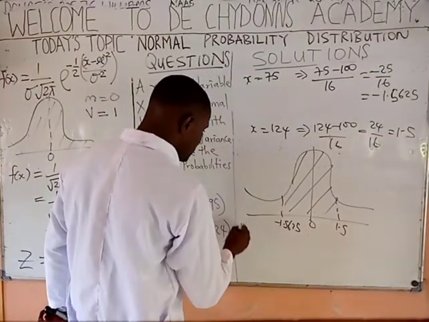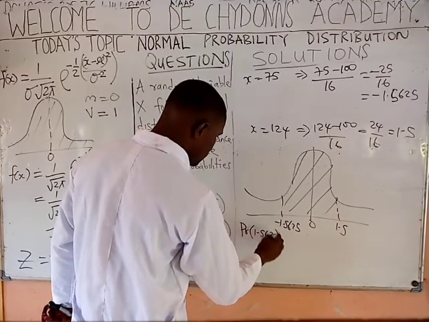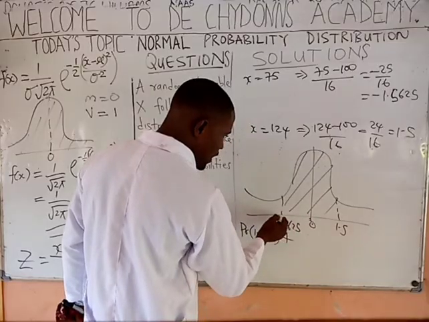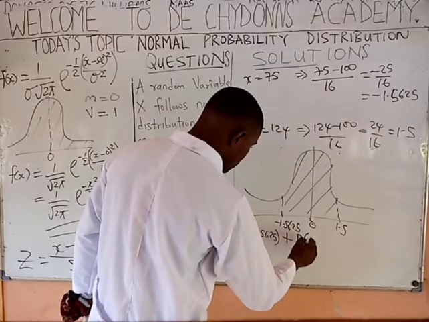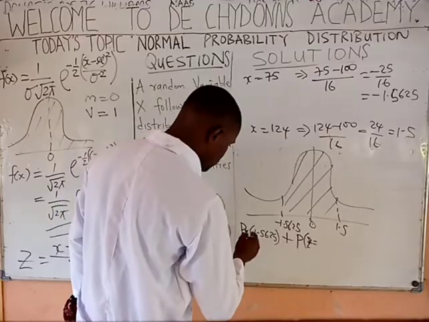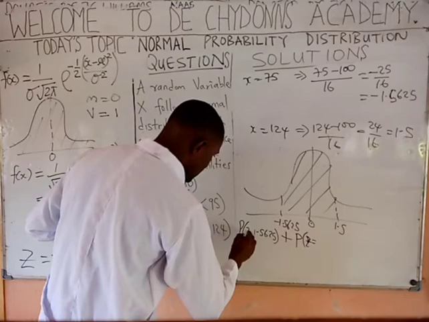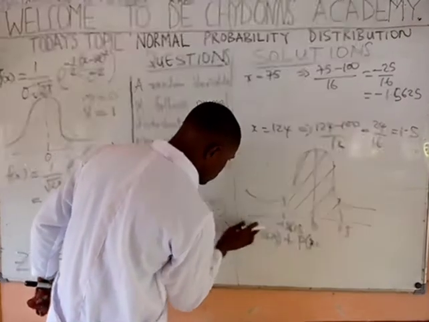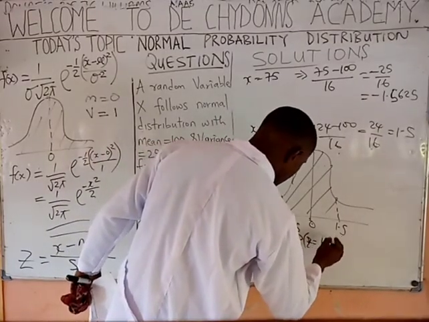Then the implication is get the probability of 1.5625, then add it to this: probability from here to here plus probability from here to here. Add it to the probability when z equals 1.5.